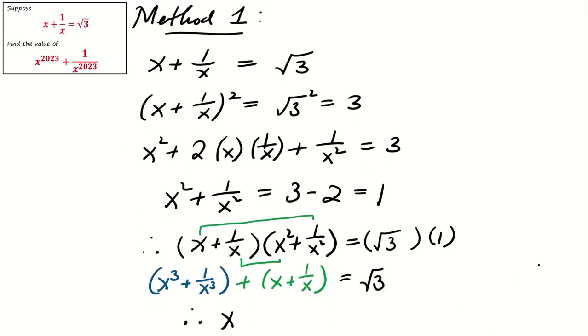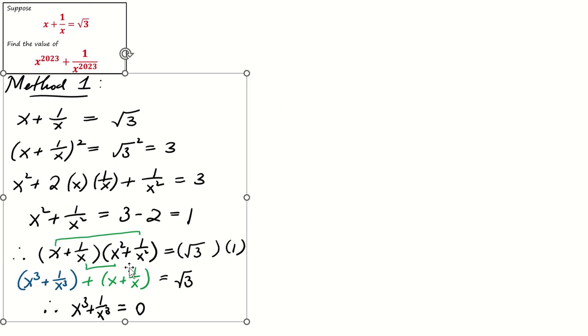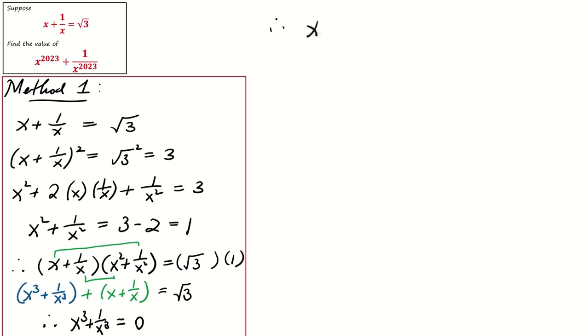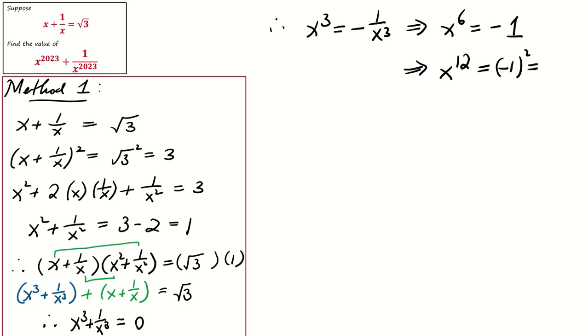This means that x power 3 plus 1 over x power 3 plus square root 3 equals square root 3, so x power 3 plus 1 over x power 3 equals 0. This implies that x power 3 equals negative 1 over x power 3, which gives x power 6 equals negative 1. And finally, this leads us to the crucial outcome that x power 12 equals 1.